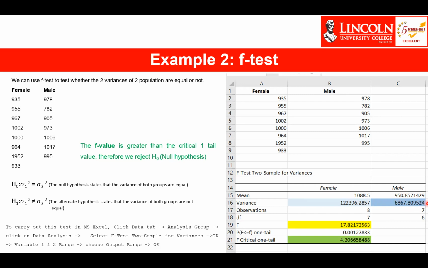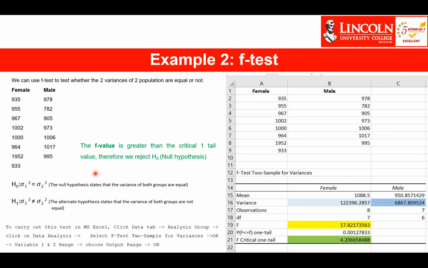So you can see that there is a significant difference between both values. But this is not how we interpret. We only interpret using this F critical one-tail and F value. So we simply say the F value is greater than the critical one-tail value. Therefore, we reject the null hypothesis, which states that the variances of both groups are equal.